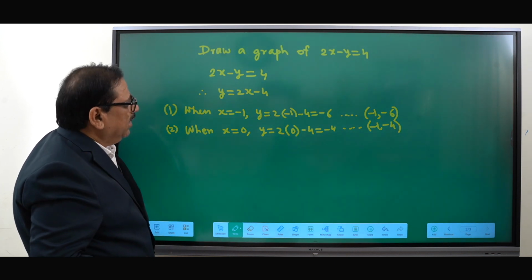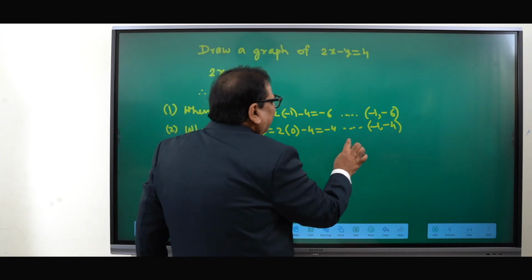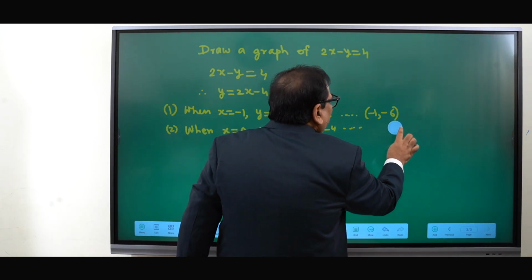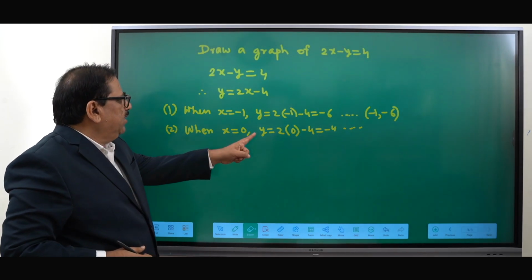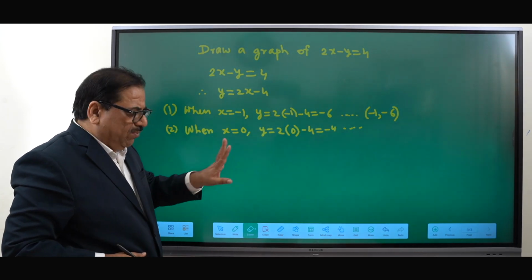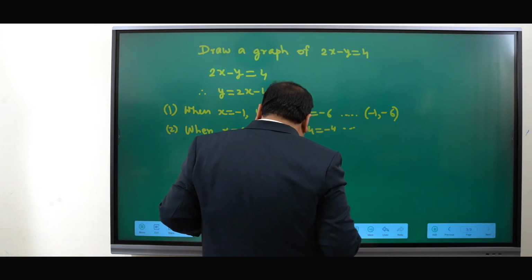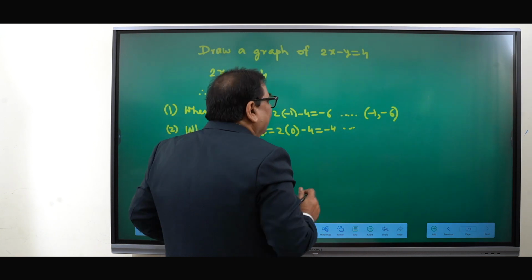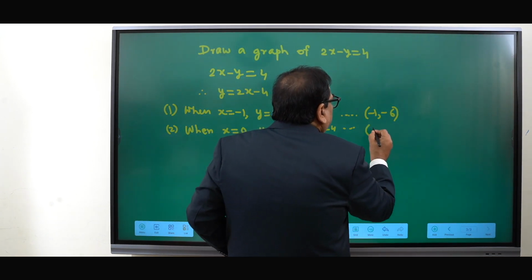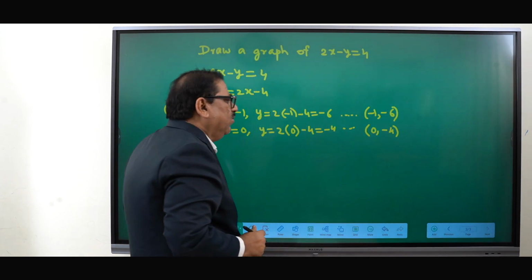Sorry, the x coordinate is 0. When x is equal to 0, y is equal to 2 into 0 minus 4, which is equal to minus 4. Therefore, the point (0, minus 4) is on the line.